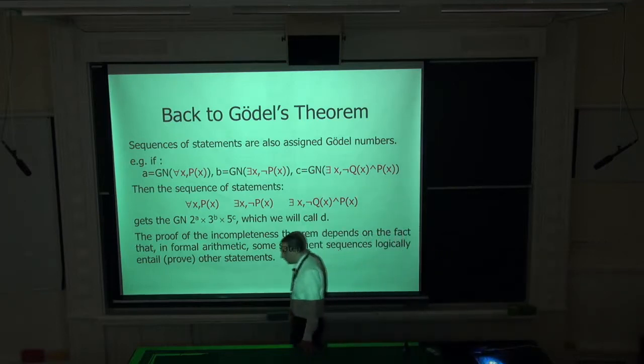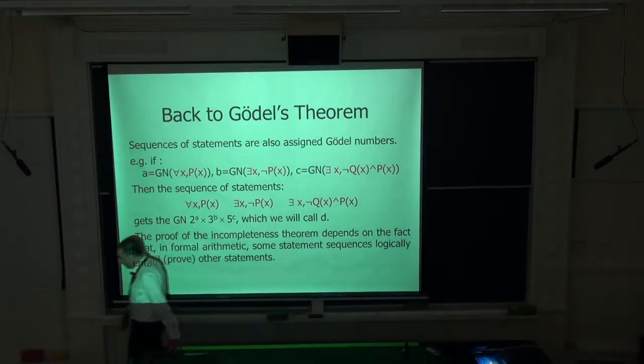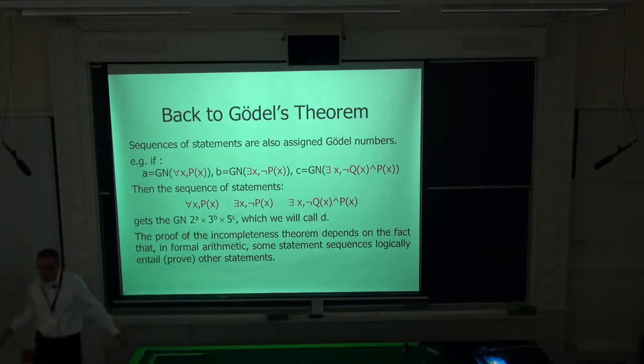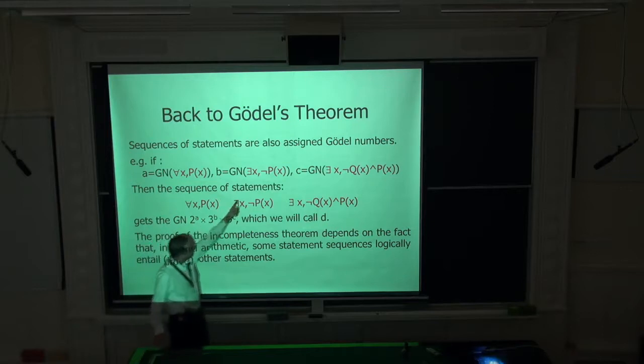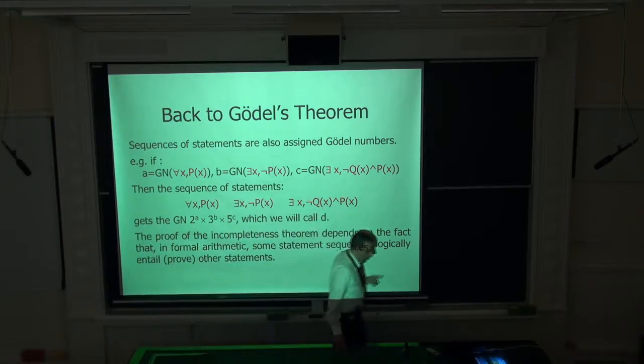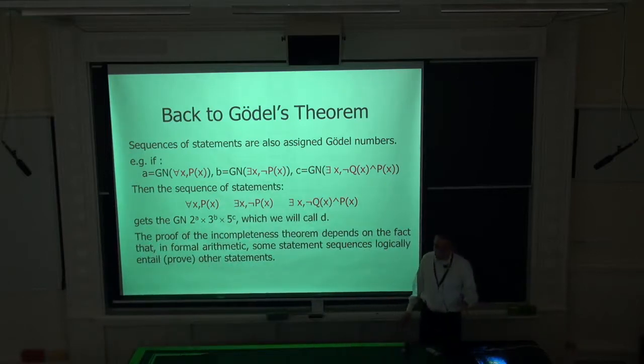So what is a generalized Gödel number? Now I have a sequence of statements. So let's say you tell me this, and then that, and then this. It might not make sense at all mathematically, but you give me this sequence of three statements. And I can encode those statements as one number.